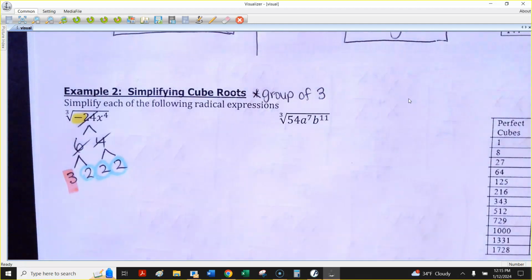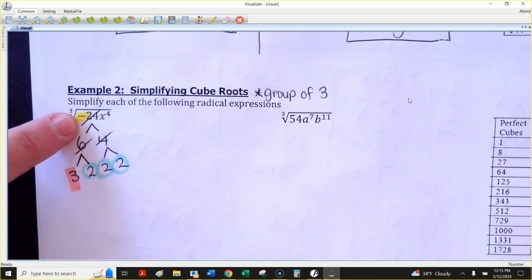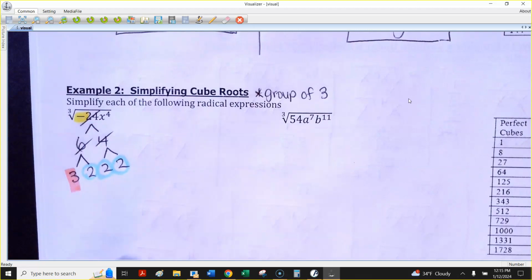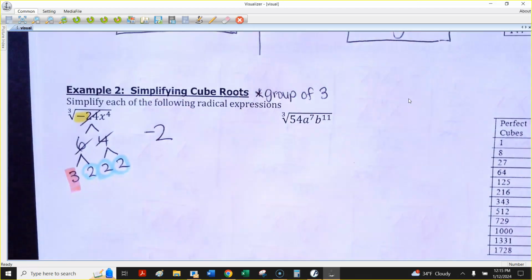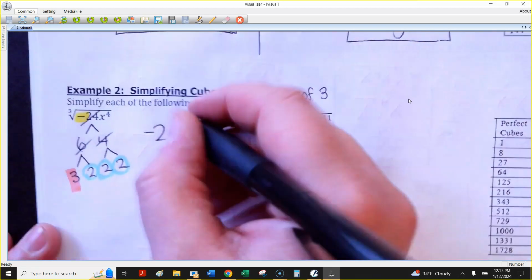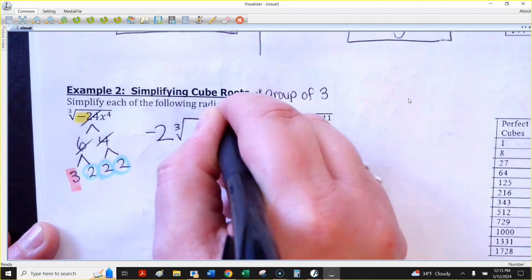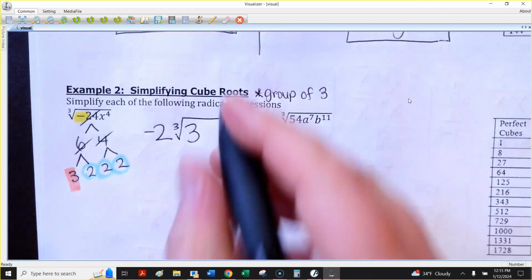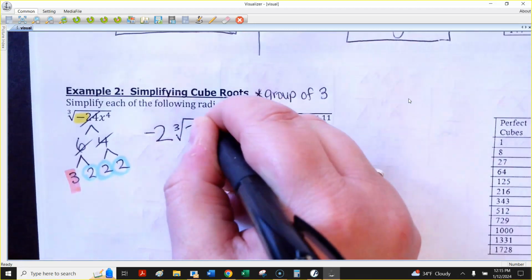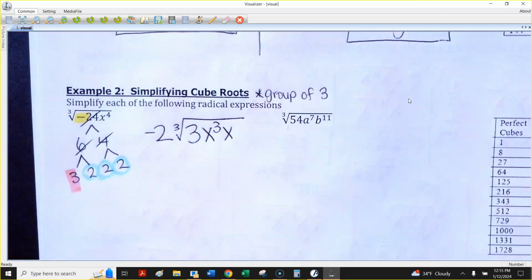The only thing I would tell you, if you've got a negative under a cube root, you can do that. When I take the 2 out, just write -2. That's literally it. If you got a negative under a cube root, just make whatever you pull out negative. Now, left underneath, I have a 3. And then x to the 4th, that's not a perfect cube, so let me break that apart. I would just write that as x to the 3rd times x, right?